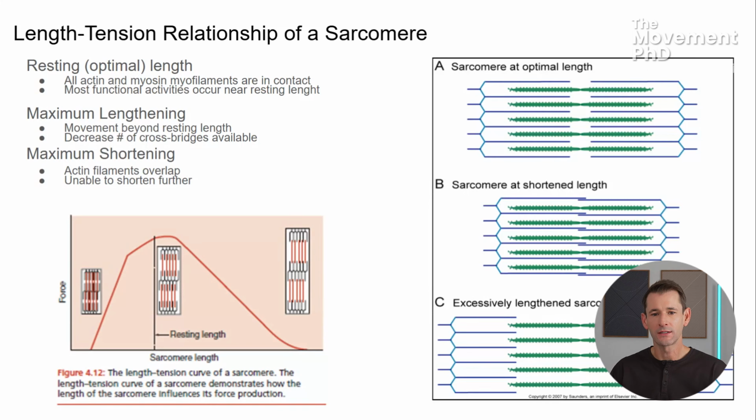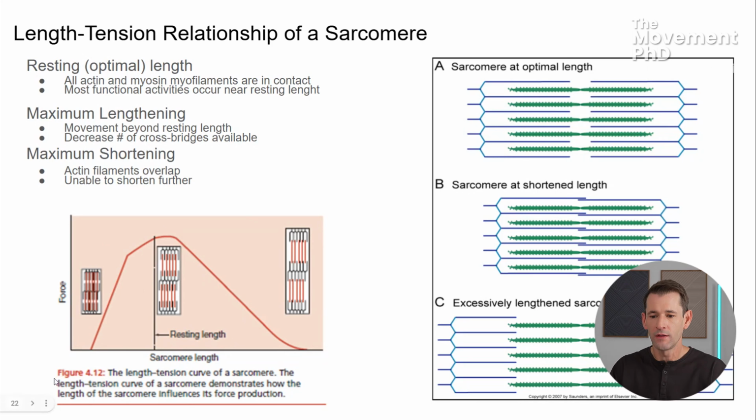And that's because at that resting length, all of the actin and myosin myofilaments are in contact, so I have good cross-bridging, but I still have room for that actin to slide. So that makes that midpoint of the length of the sarcomere optimal for generating tension.